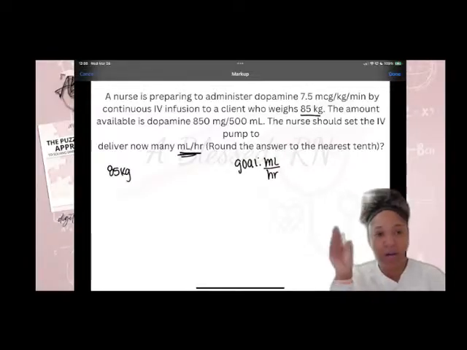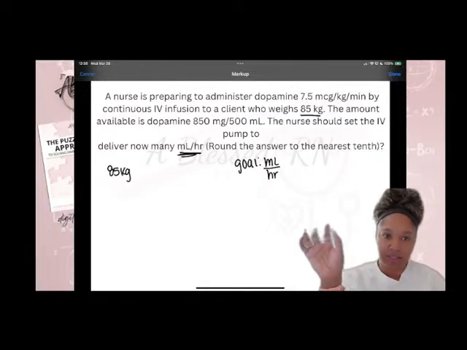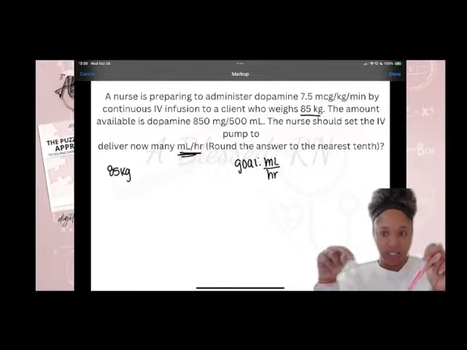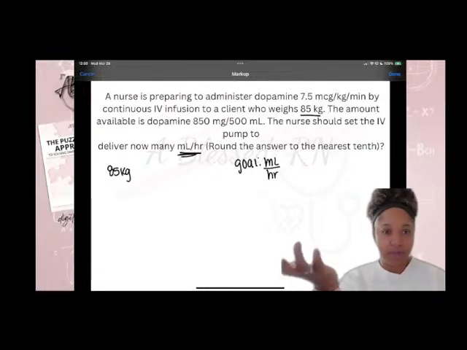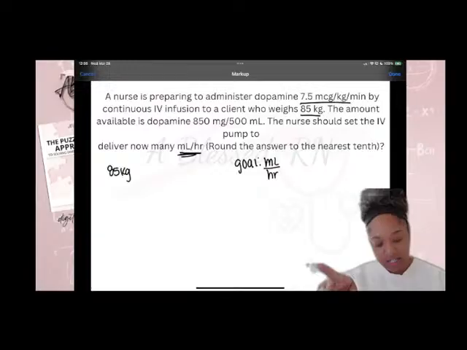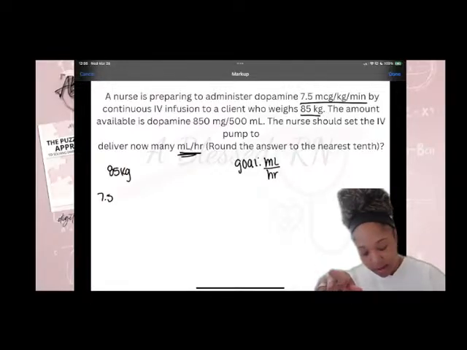And if you have a problem with your dosage, try doing this setup with the goal and your puzzle pieces, so you can see what it is that you're working with. All right, so 85 kgs, and then our prescription is 7.5 mics per kg per minute.